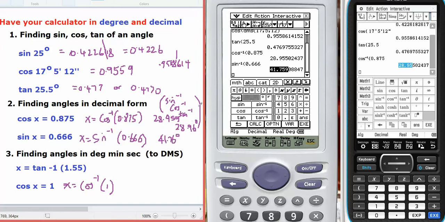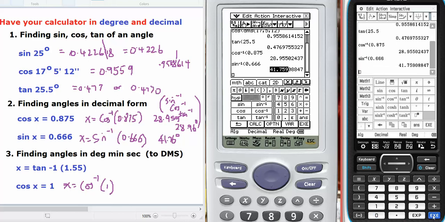And over here, the inverse sine of 0.666, execute, gives me the same answer, 41.759. And the last question, the inverse tan, this is to degrees, minutes, seconds.